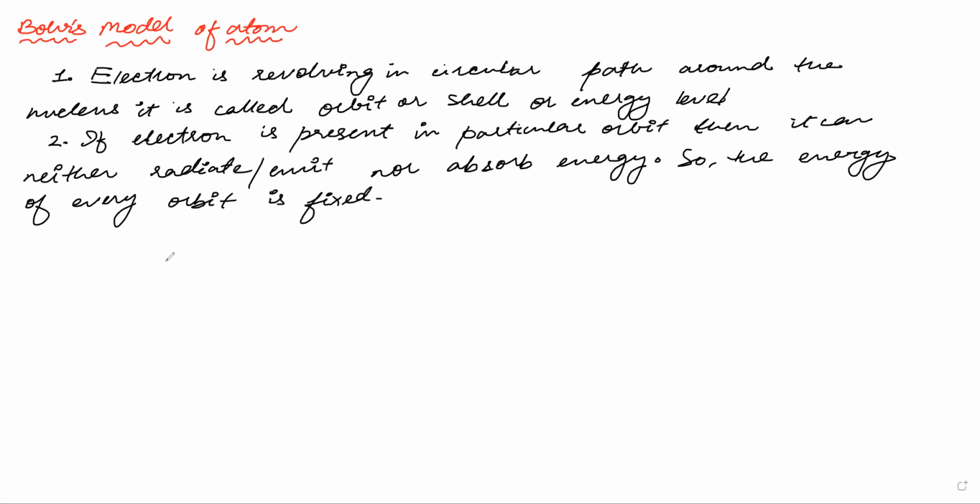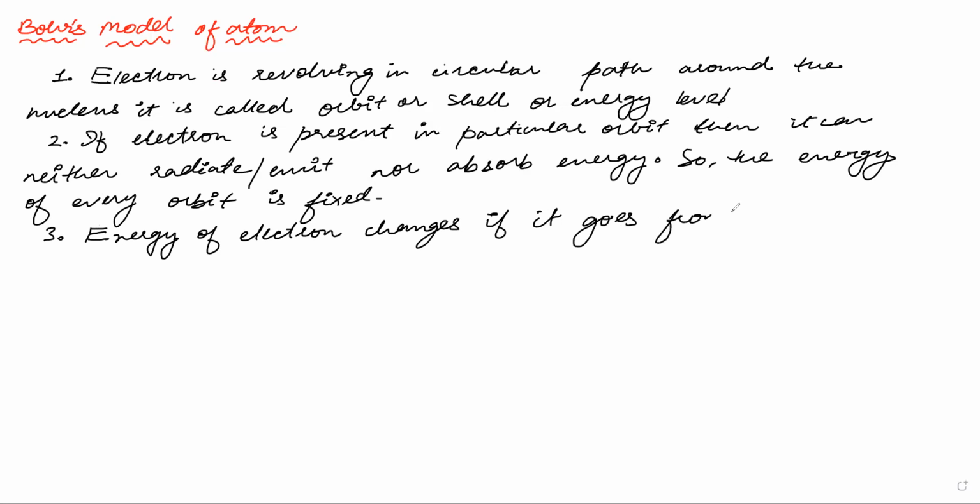Now, what will happen if the electron changes its orbit? It will also change its energy level. So that is the third point: energy of electron changes if it goes from one orbit to other.